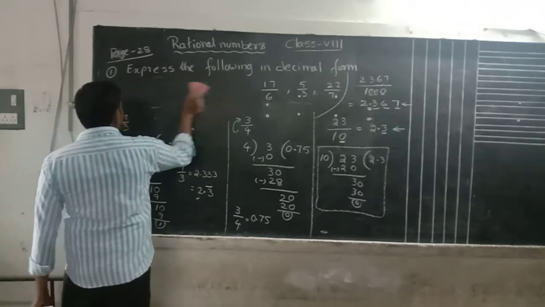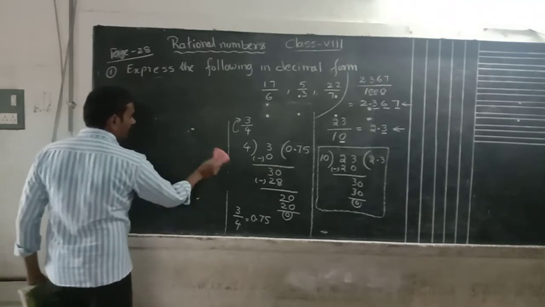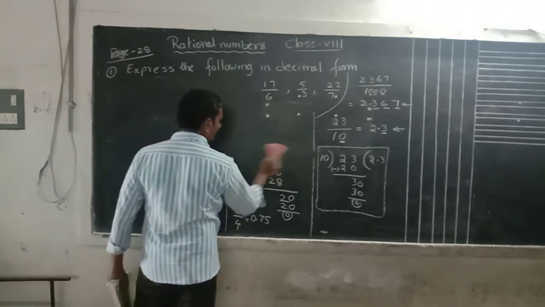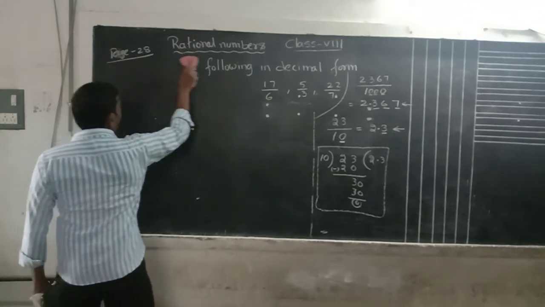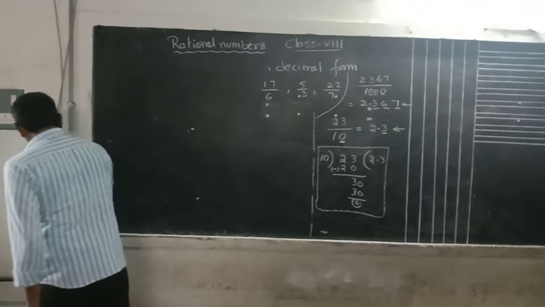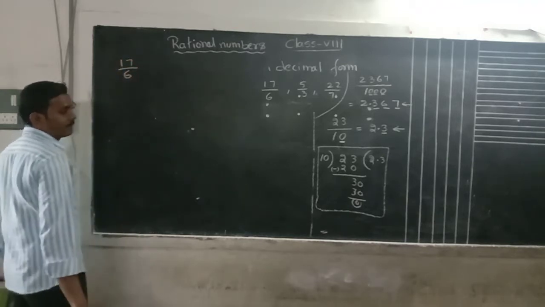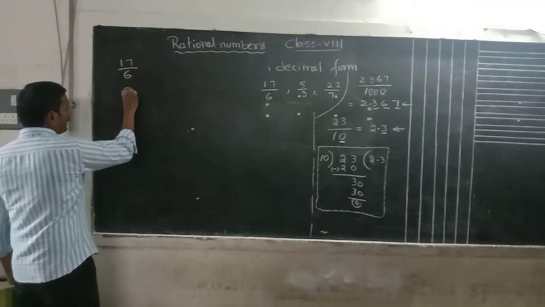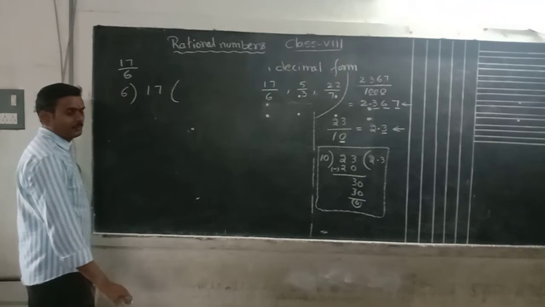Go for the next, 17 by 6. This sum is remaining to complete on the board. What is the denominator here? First write the denominator and the dividend. The dividend is the numerator.